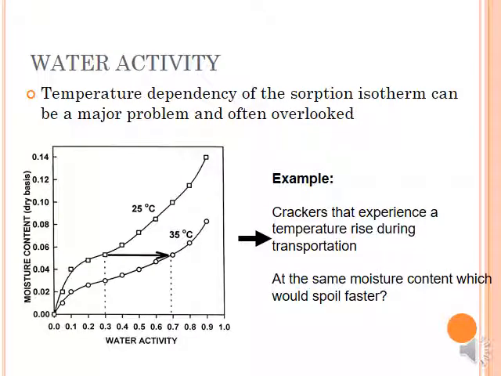Now look at this curve here. This curve represents cream crackers during transportation. Temperature is also an important factor for food manufacturers, because it will also affect the shelf stability of food.